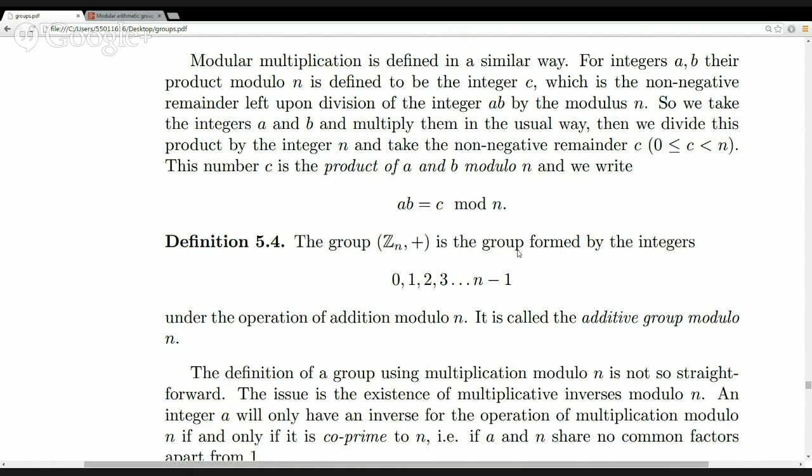Now, all the possible remainders modulo n you can have, well, there's n of them. So there's n different possible c's that can come out. Remainder of 0, remainder of 1, etc., up to a remainder of n minus 1. So the group is formed by all these possible remainders and under the operation of addition modulo n.